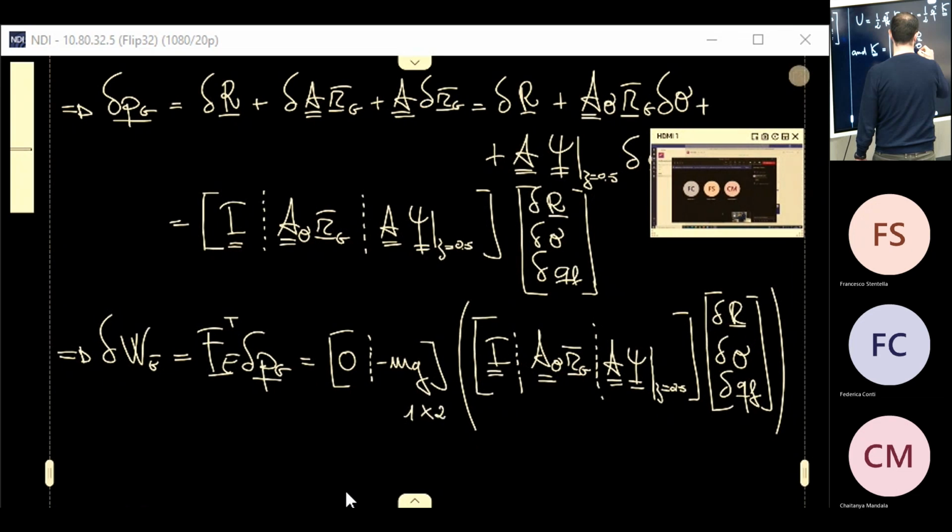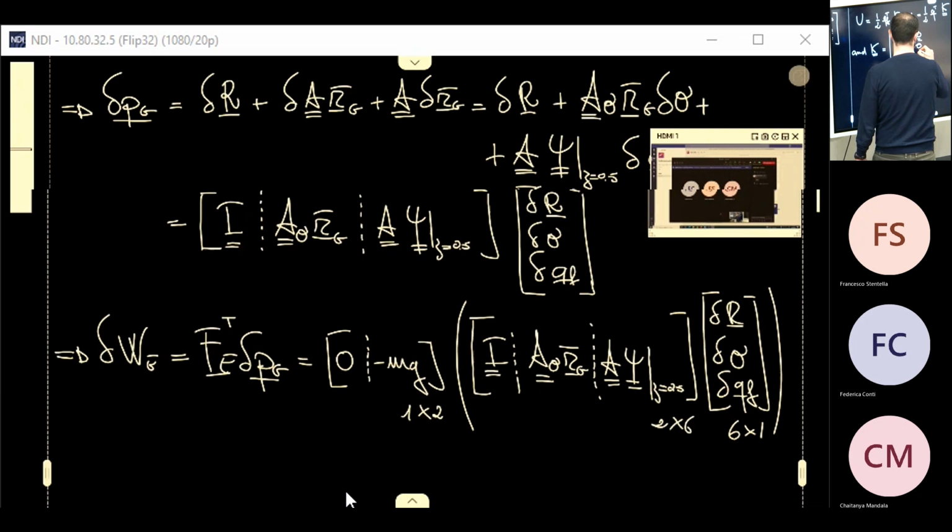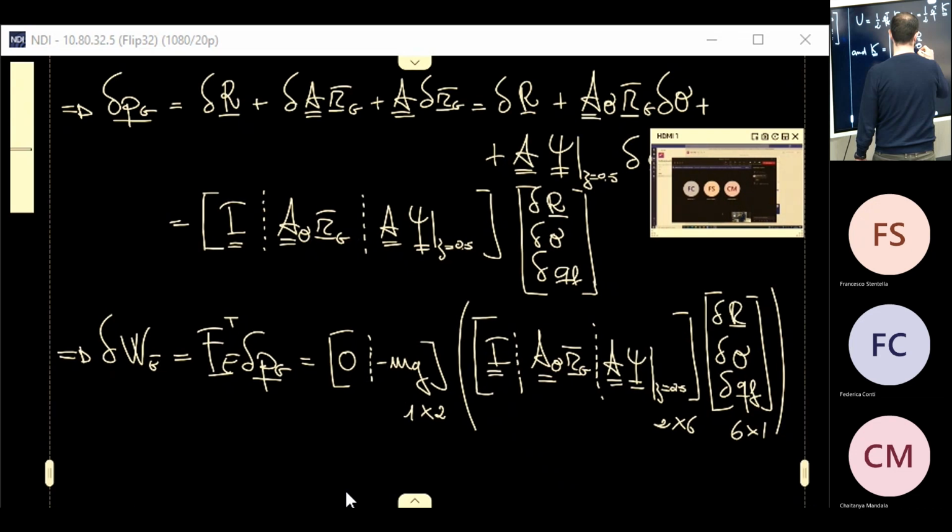In the 2D case, R is a two-row vector. Theta is a scalar. QF, we have seen, is 3, because it's QF3, QF4, and QF6. Okay, so this is a 6 times 1. And this is, in fact, a 2 times 6 matrix. So that eventually you get a scalar. And it's true. This is how it should be, because we are looking for a virtual work, so a scalar.